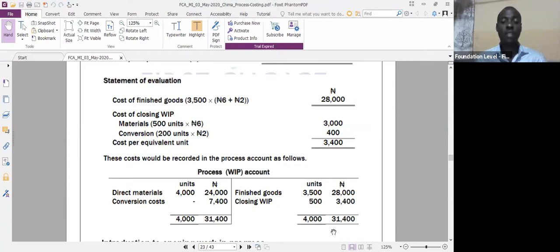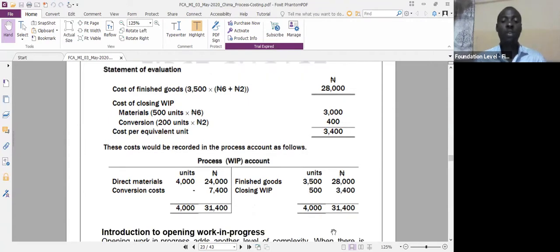So if you look at the process account, you debit the direct material inputs, 4,000 units, and material cost 24,000 naira. Conversion cost you 7,400. Add them up together, we have 4,000 units, 31,400 in cost. How is it reflected in the credit side?